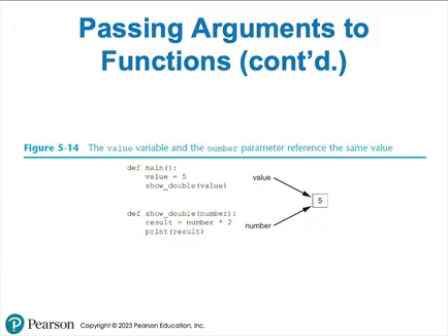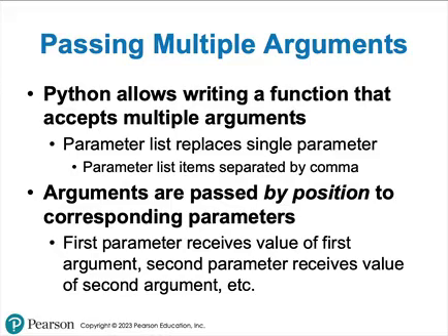While we're in the showDouble function, there is a local variable called number, and it references the same memory location as before. So it's basically one location in memory that in this case has two different names.